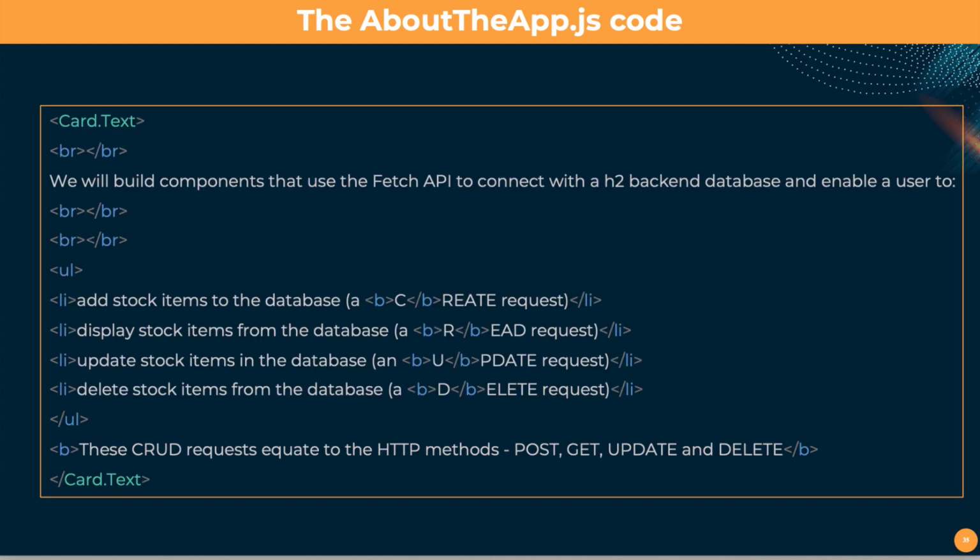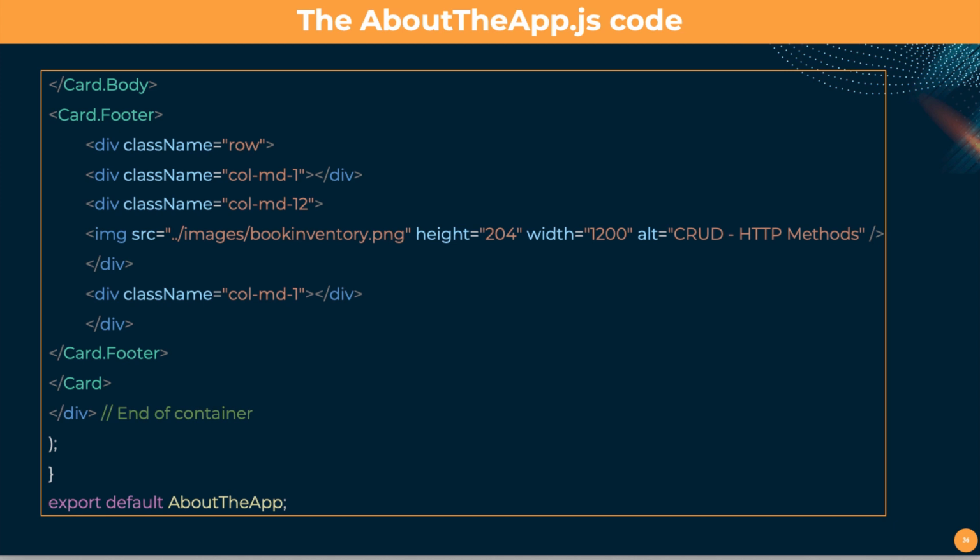Inside the card, again, we have card text. We can see that we have an unordered list and a list of items, and we're simply saying that we're going to use CRUD: create, read, update, and delete. Then we have a card footer, and in the card footer we're going to have an image, and we can see from this that the image is going to be in an images folder, and it's going to be called bookinventory.png.